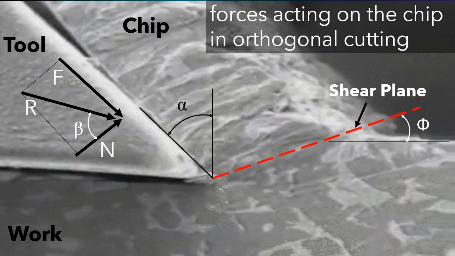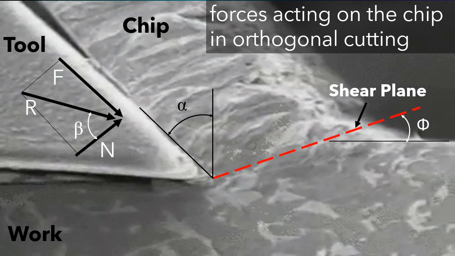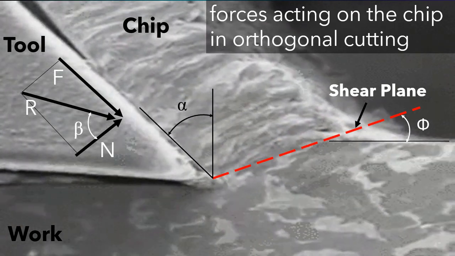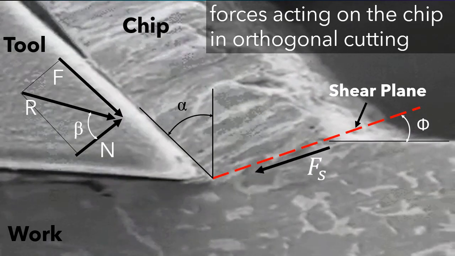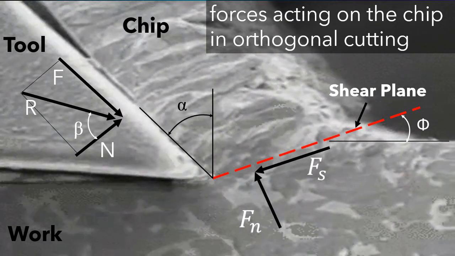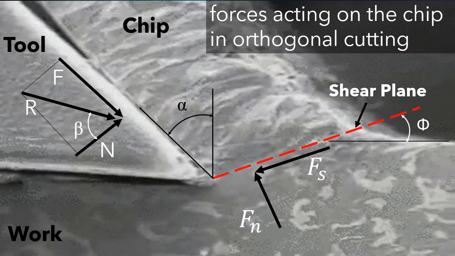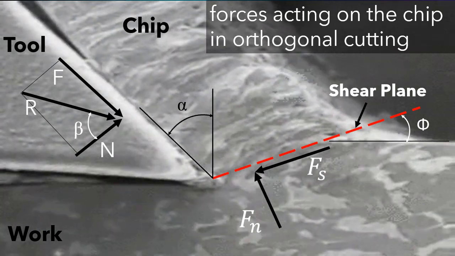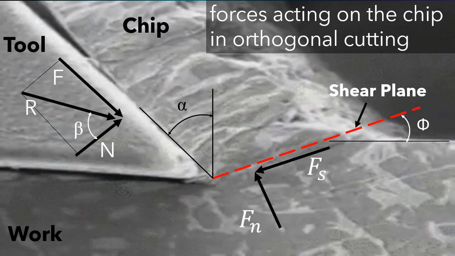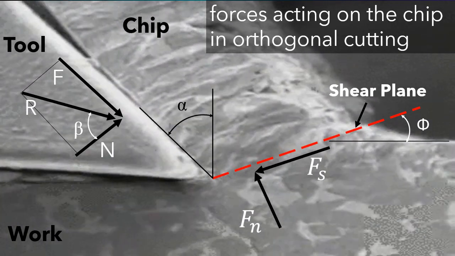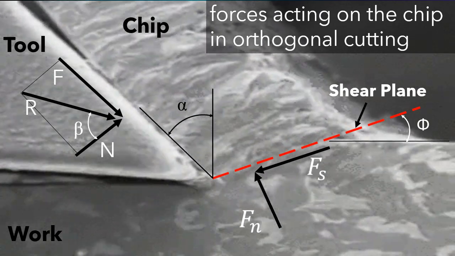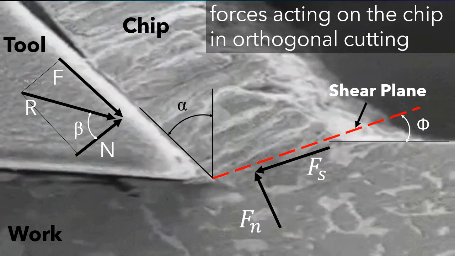In addition to the tool forces acting on the chip, there are two force components applied by the workpiece on the chip: the shear force and the normal force to the shear. The shear force Fs is the force that causes the shear deformation to occur in the shear plane. The normal force to the shear force, Fn, is perpendicular to the shear force.